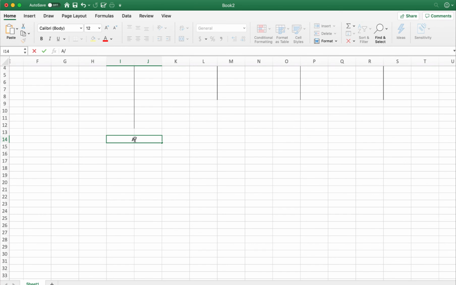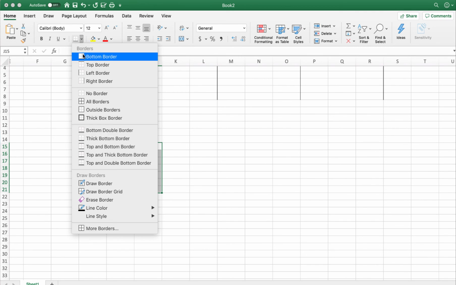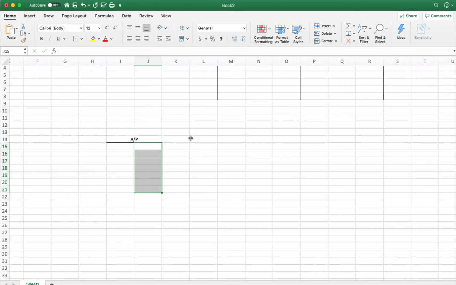I'm going to abbreviate that AP for accounts payable. Not sure exactly how many transactions we're going to have here, so again, just creating space.